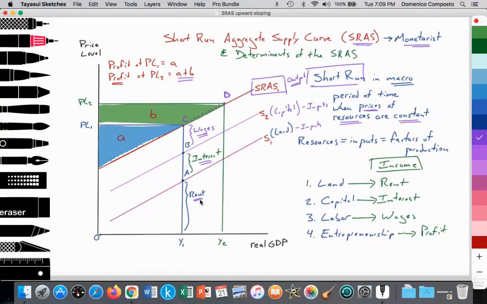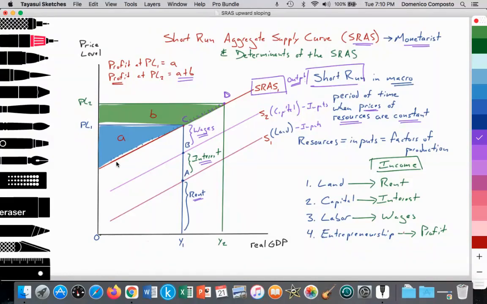The SRAS curve is reflective of the marginal cost of production at Y1, which would include the cost of paying rent for land resources, interest for capital resources, and wages for labor resources. The sum of the cost of employing land, capital, and labor resources as inputs generates the output, which is equal to the short-run aggregate supply curve, the aggregate supply of outputs in the macroeconomy.